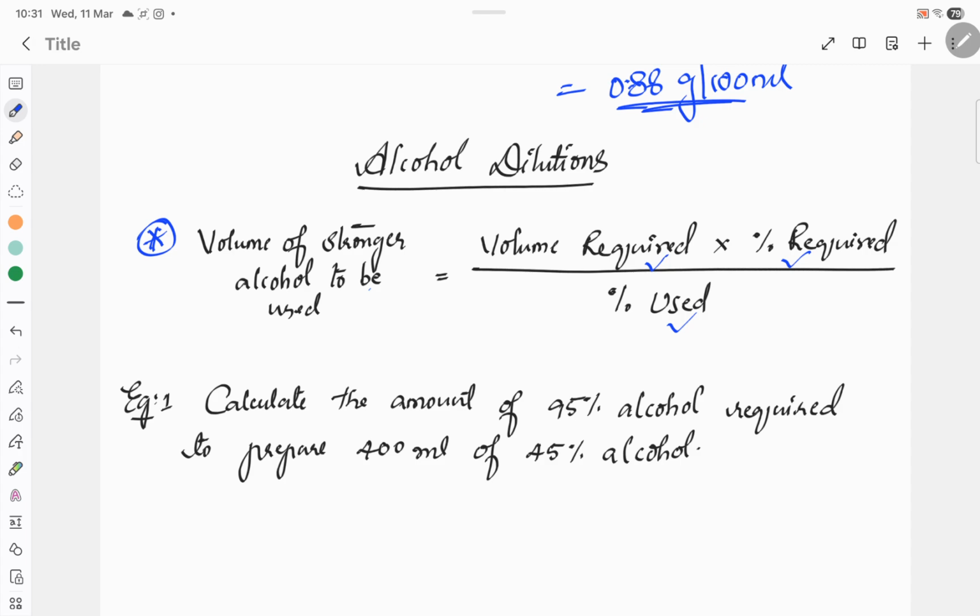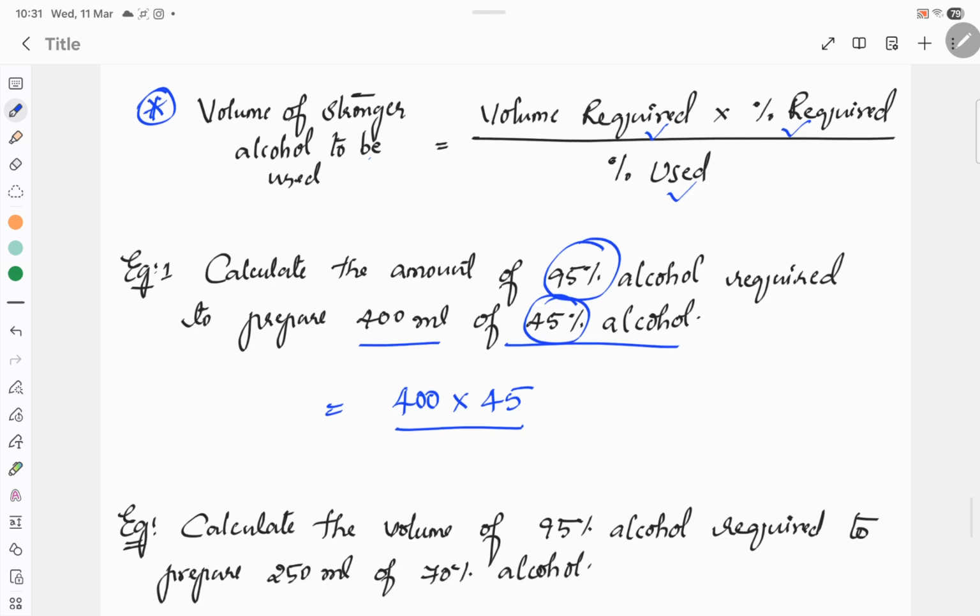Okay, so let us see one example here. Calculate the amount of 90% alcohol required to prepare 400 ml of 45% alcohol. So volume required, how much you require to prepare? 400 multiplied by the percentage required, 45%, divided by the concentration you are using, 95%.